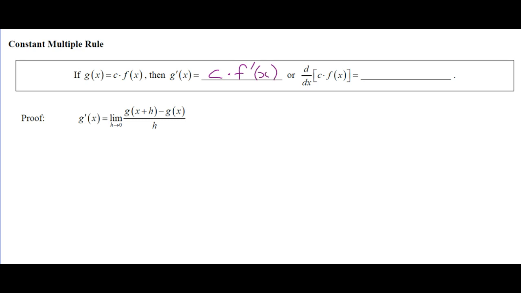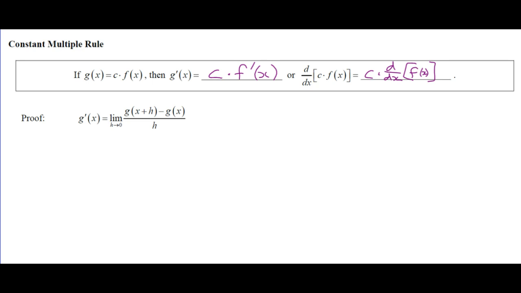Or d by dx of c times f of x is equal to c times d by dx of f of x. Okay, again, just different notations, right? Same idea, different notations.